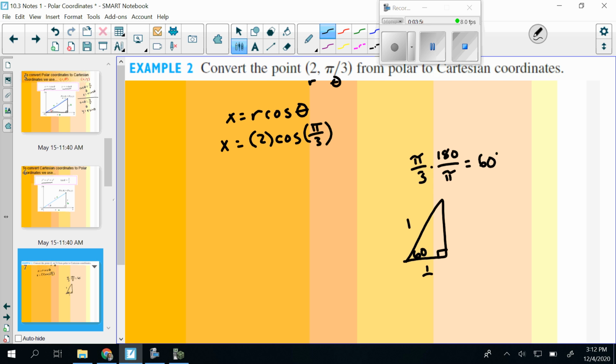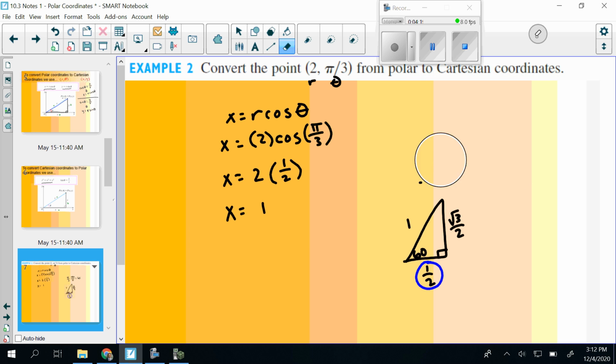That means this length would be 1/2, and this length over here would be times square root of 3, so it'd be square root of 3 over 2. And so doing that, we see that cosine, remember cosine's adjacent side, that's our x, would be 1/2 over 1, or just 1/2. So this would equal 2 times 1/2, or just 1. So x would be 1.